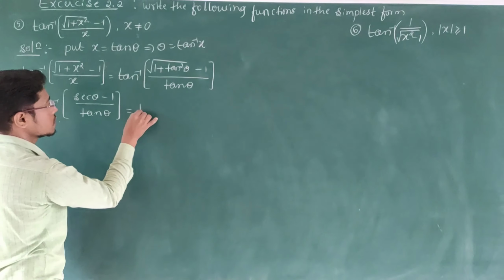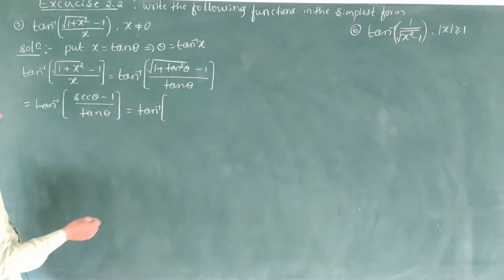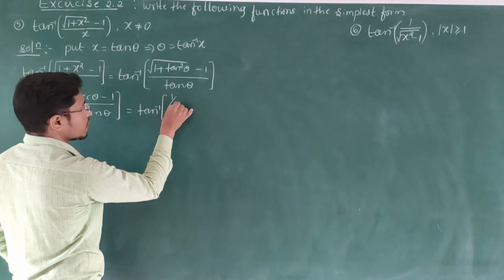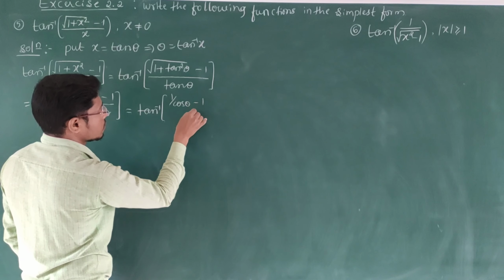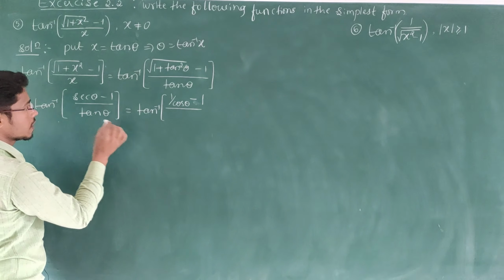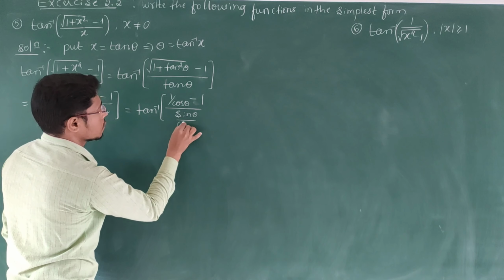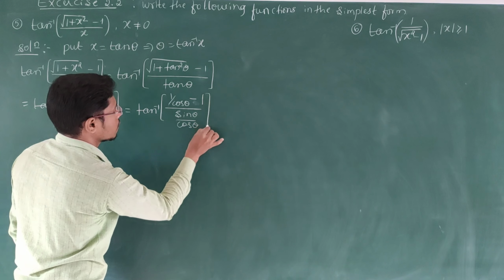Okay, is equal to the tan inverse of sec theta is 1 divided by cos theta minus 1 divided by tan theta, tan theta is sin theta divided by cos theta, right?